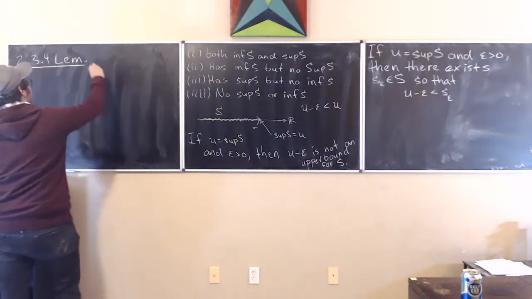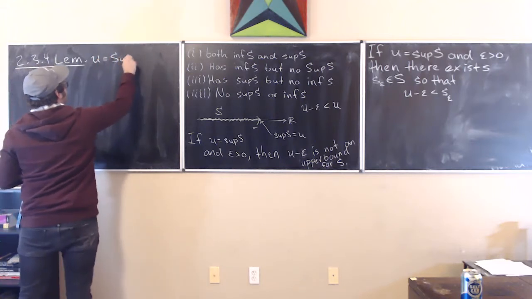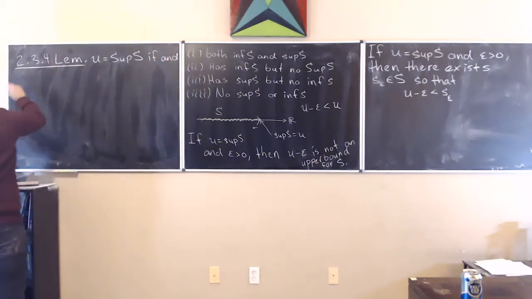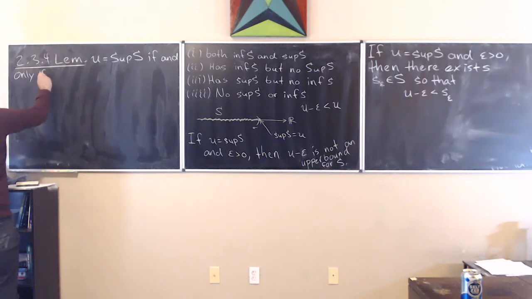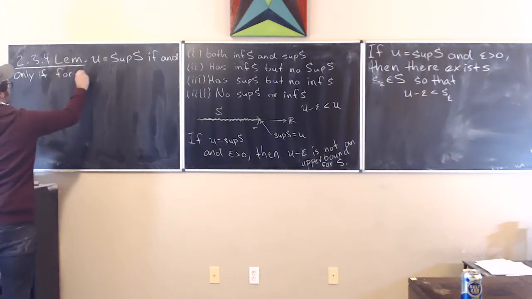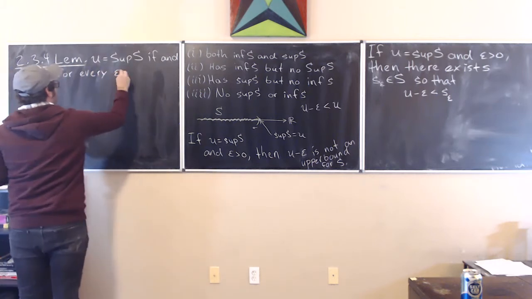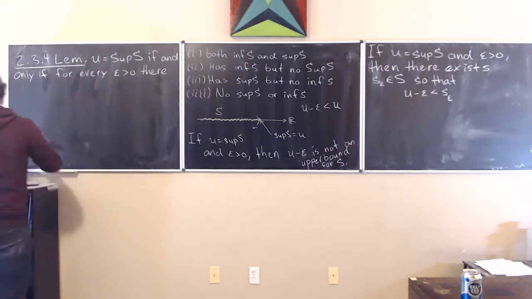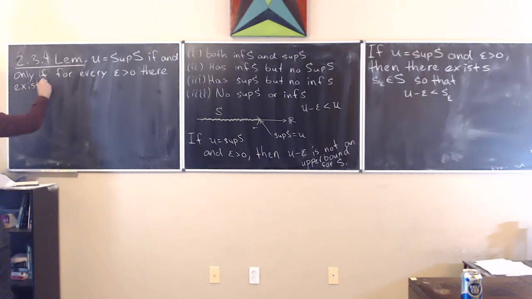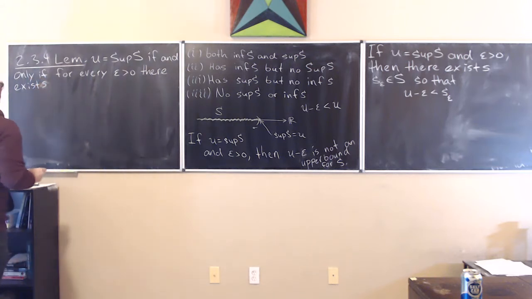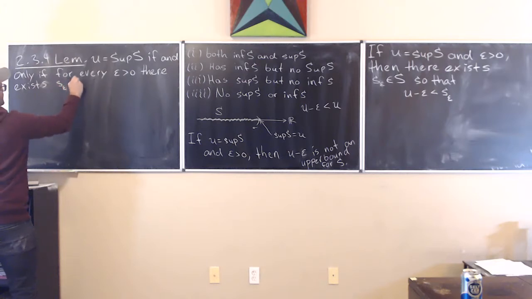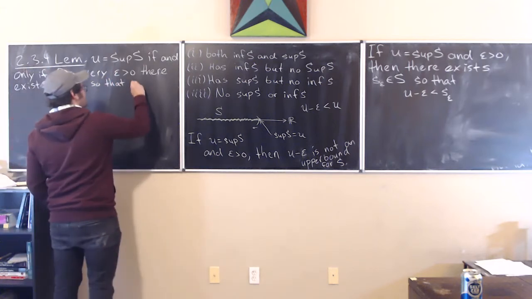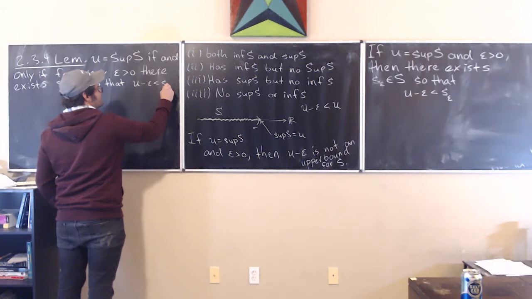The lemma states that u is equal to the supremum of S if and only if for every epsilon greater than 0, there exists some element S sub epsilon contained in S, so that U minus epsilon is at most S epsilon.